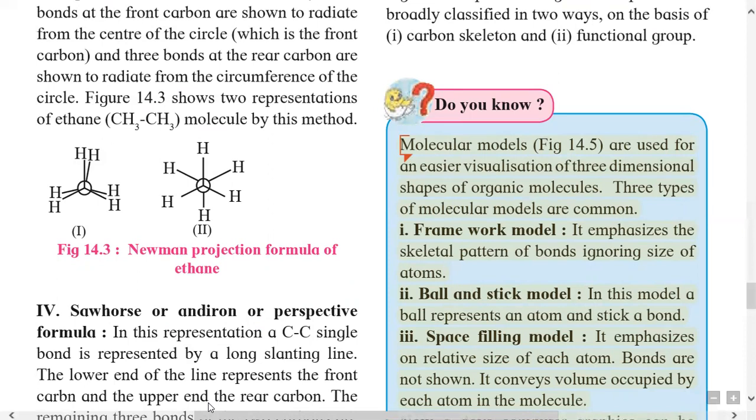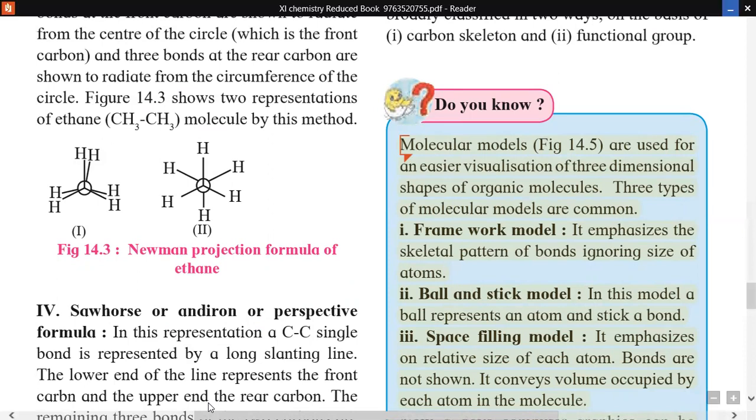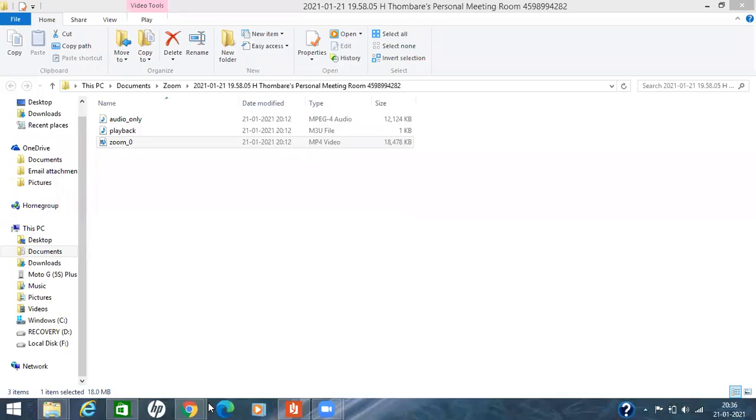If you practice how to draw these different types of three-dimensional geometry for the molecule, then it is very easy to draw the three-dimensional structure of molecules. Thank you.